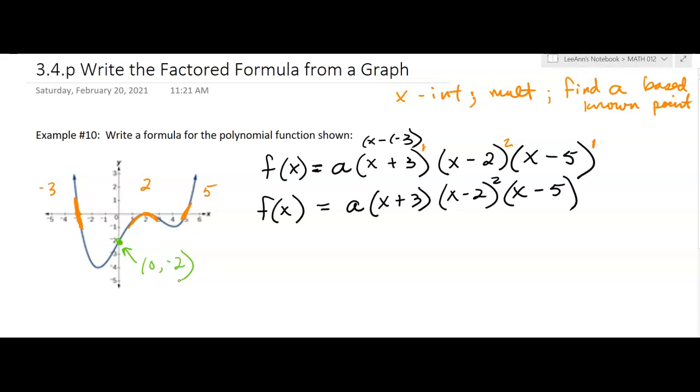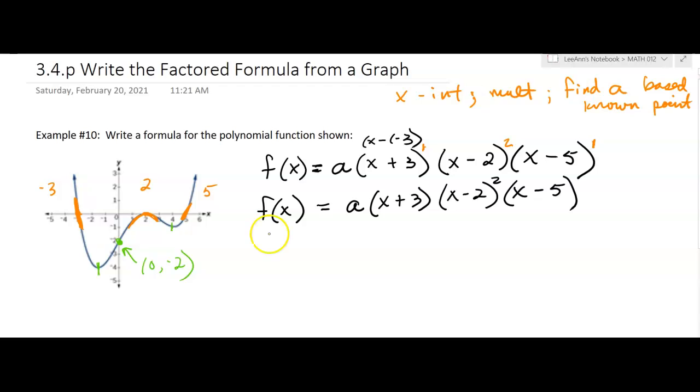Now sometimes they'll just tell you a point. In this example, they want us to pull the information off the graph. So that's probably our best bet to find a point. You could try to guess what this point is or this point is. I wouldn't. I would just go with where I can see that it's crossing the y-axis. And another nice thing about having x be 0 is it usually makes the calculation a little bit easier as well.